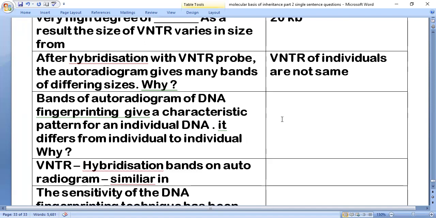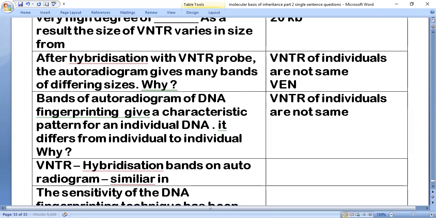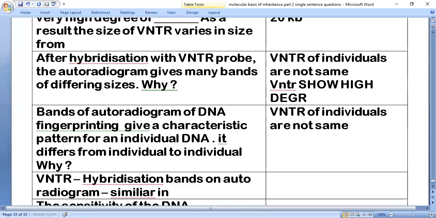Because VNTRs of individuals are not the same, or we can say VNTRs show a high degree of polymorphism.